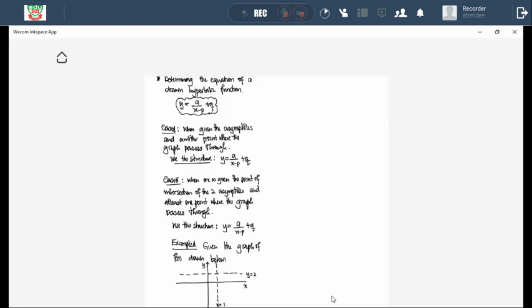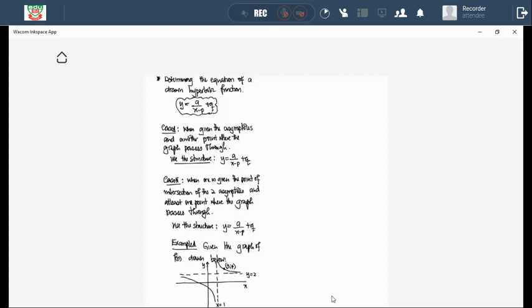Now, that is your horn in the first quadrant. There is the other one in the third quadrant. In the first quadrant, you are also given a point, which is (3, 4), where the graph passes through.